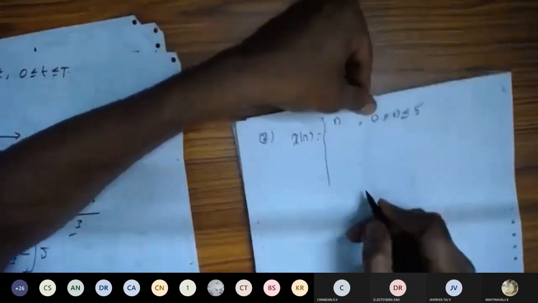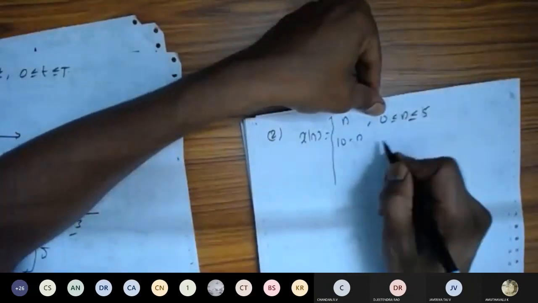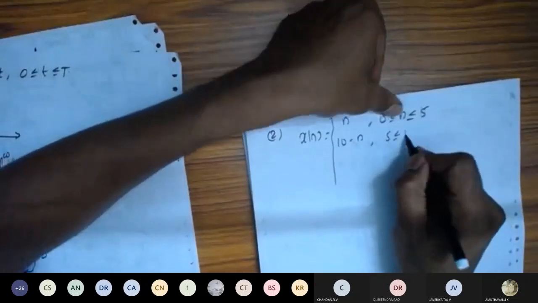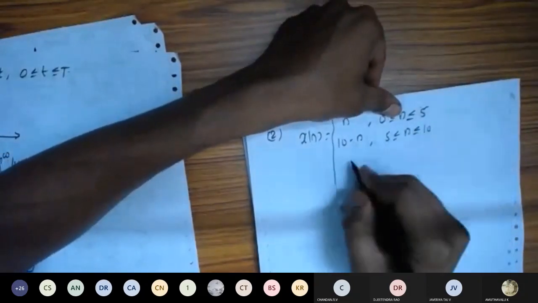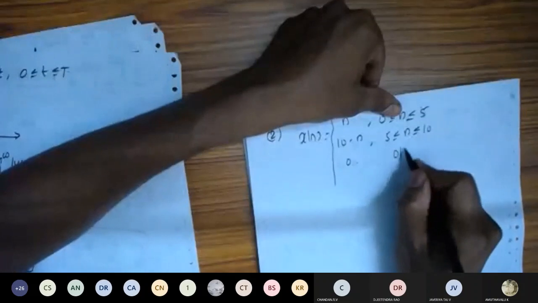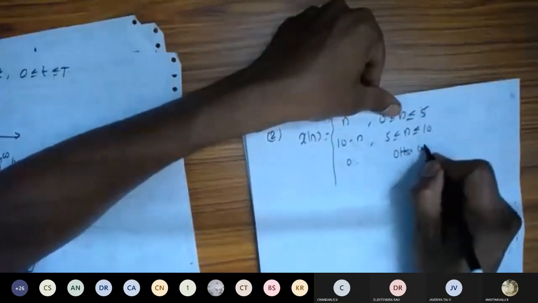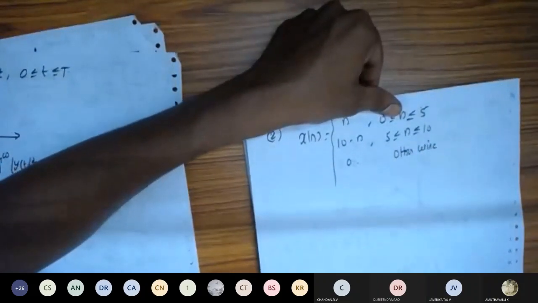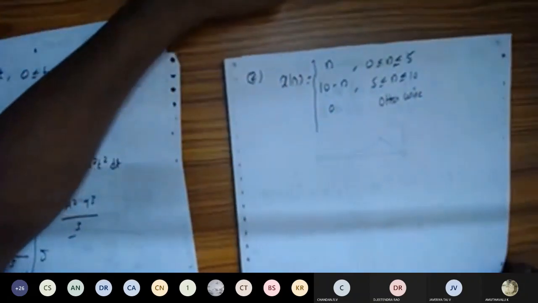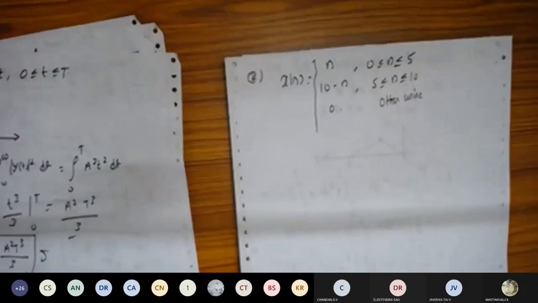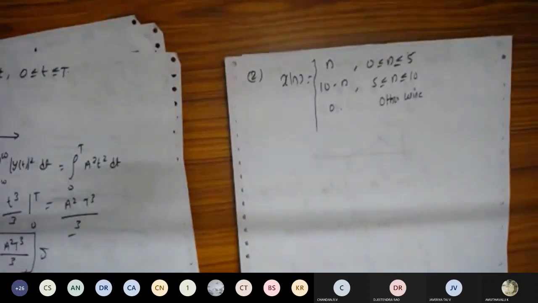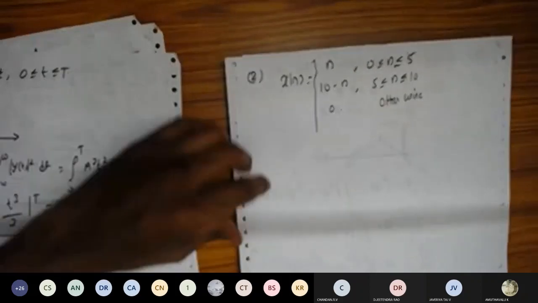Next one is 10 minus n for 5 is less than or equal to n is less than or equal to 10, and 0 otherwise. So it is n from 0 to 5 and 10 minus n from 5 to 10, and 0 otherwise here.